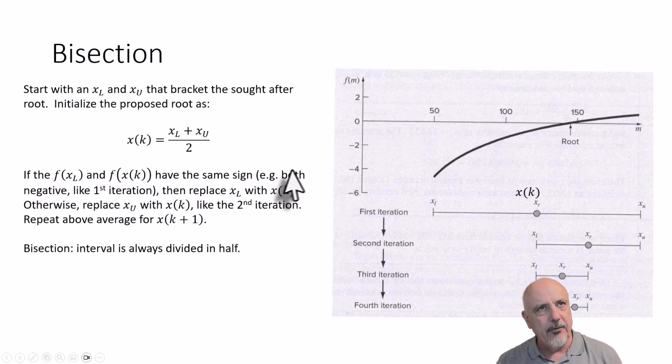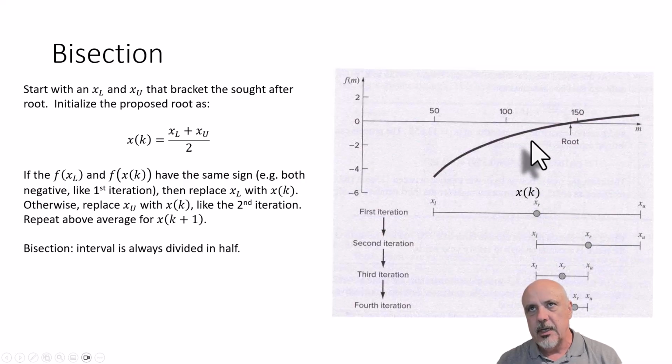And let's see if we can figure this out. If the f at the lower and the f at the x have the same sign, both negative, like in the first iteration over here, let's check this out. I've got my x of k, which is right in the middle. That's the average of the XL and XU.